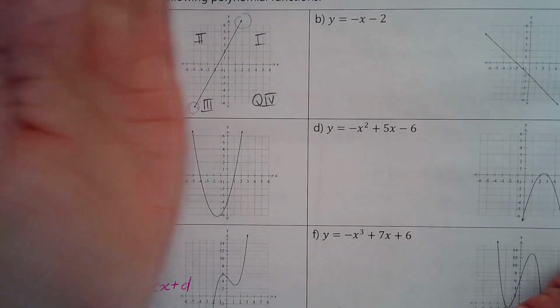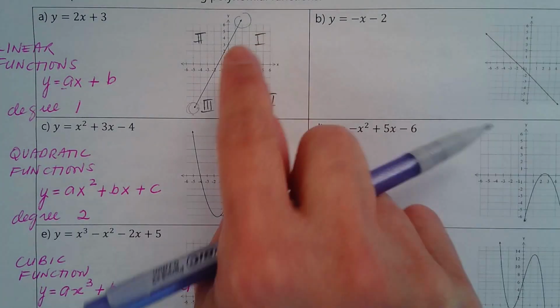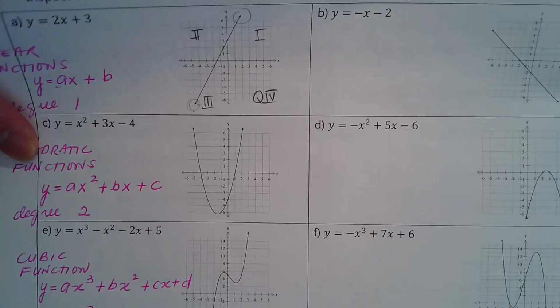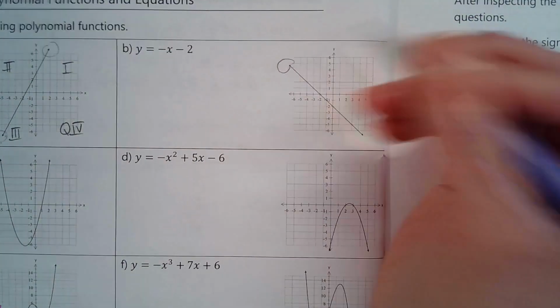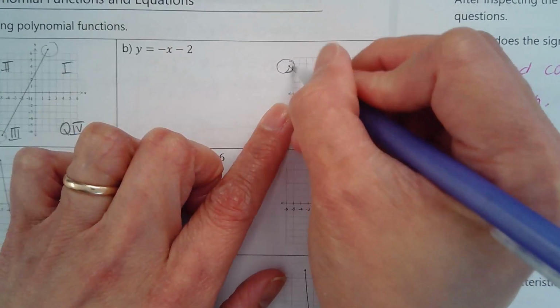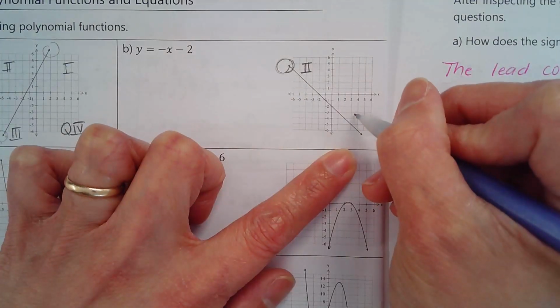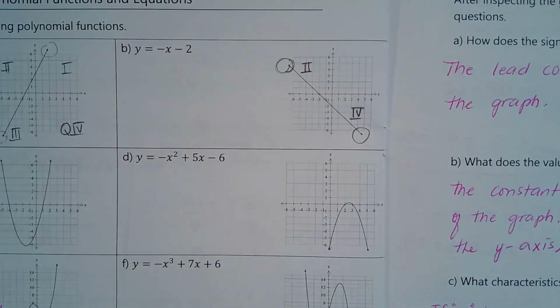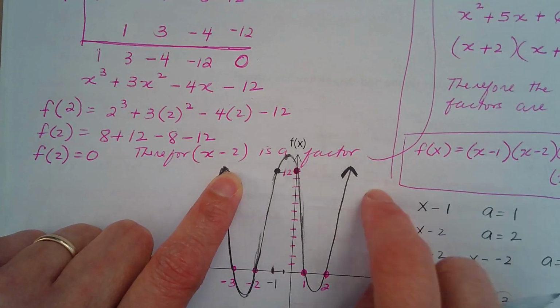It's always like that, 1, 2, 3, 4. And here, we always start with the left side. So this left end behavior is quadrant 2, and this end goes to quadrant 4. And in this case, it's going to be quadrant 2 to quadrant 1.